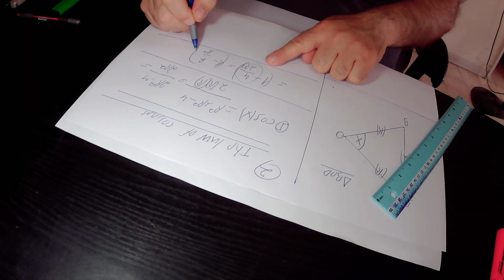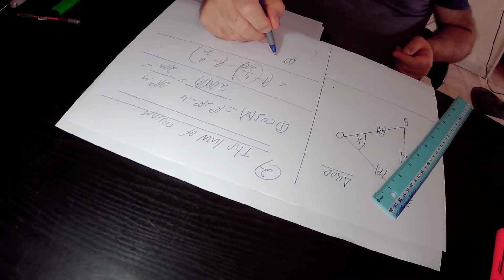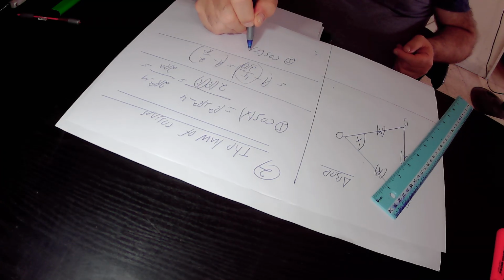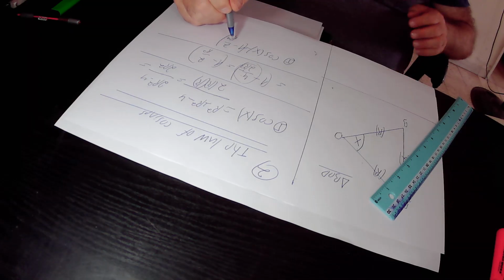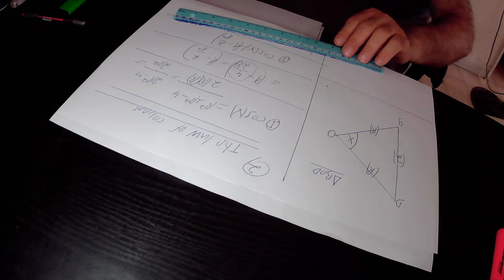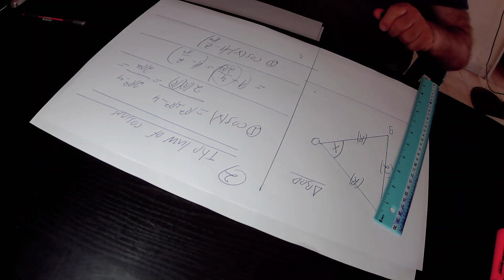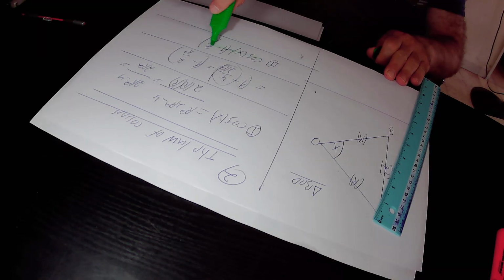So in conclusion, according to equation 1, cosine x equals 1 minus 2 over R square.